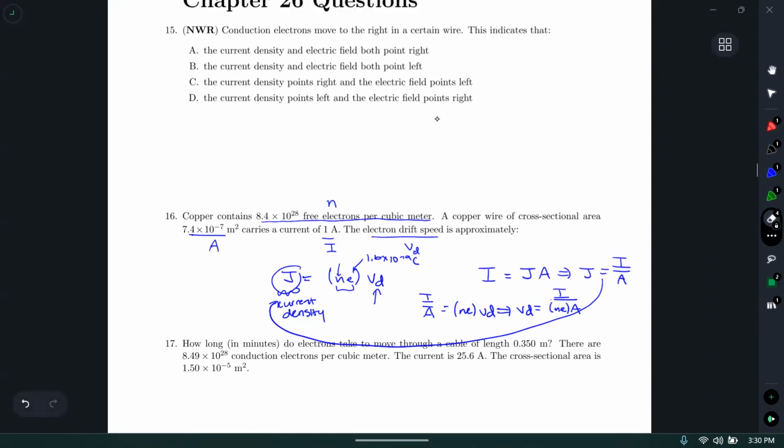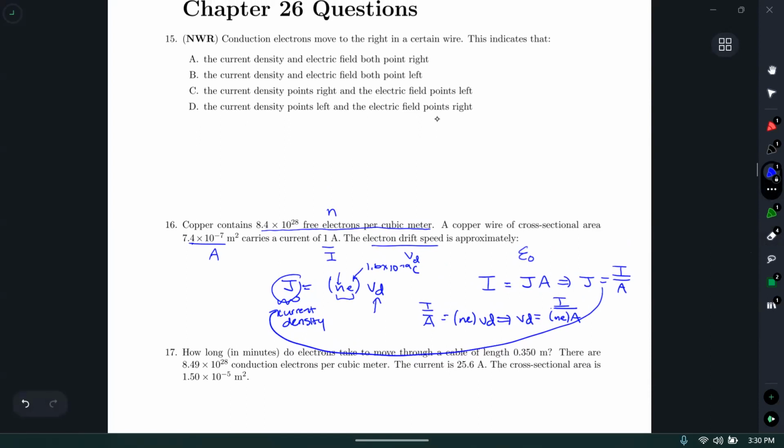No, I was getting confused because I thought like the 8.8 was N E already calculated. The 8.85 thing is epsilon 0. No, 8.4 times 10 to the 28. I thought it was already multiplied. I got you. Yeah, you're saying electrons per cubic meter.